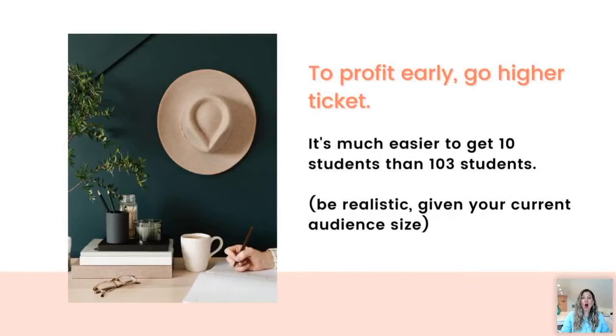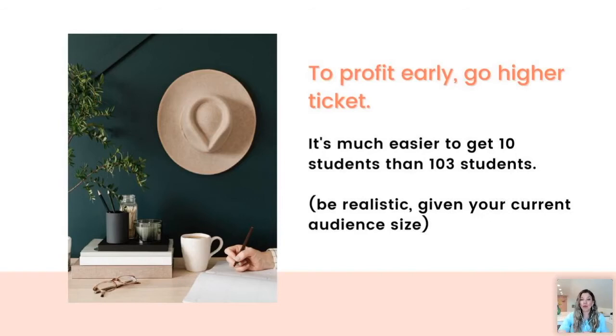This all relates back to that profit early model that I talked about before, which is really, if you want to profit early, it's better to go higher ticket and layer in things like mini offers or lower priced things later on, once you've already got a higher ticket offer in place.